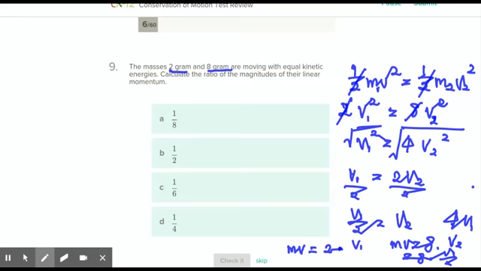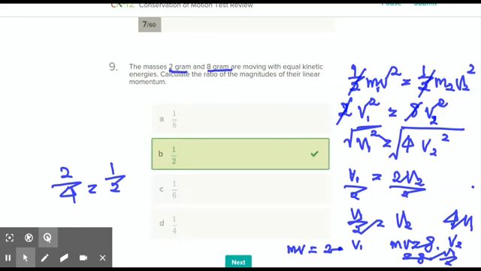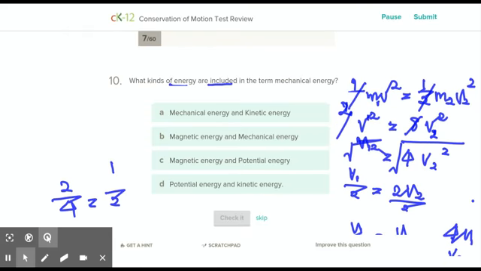The first one is 2 v1, the second one is 4 v1, so the ratio is 2 over 4, so it should be half. Okay? So the answer is half. Okay? All right.